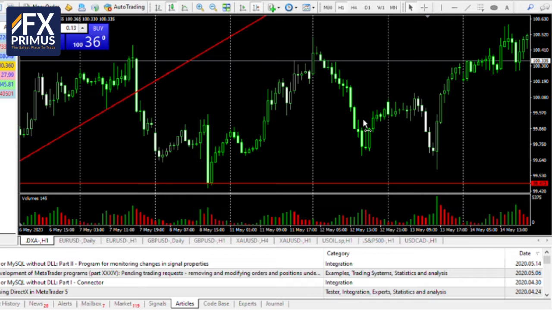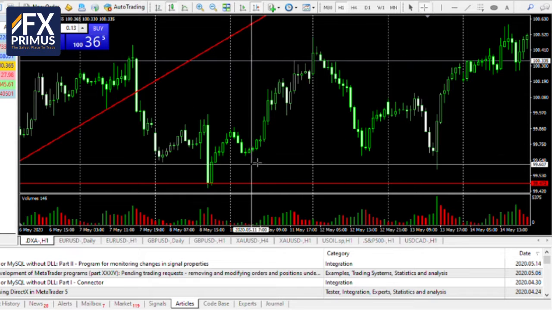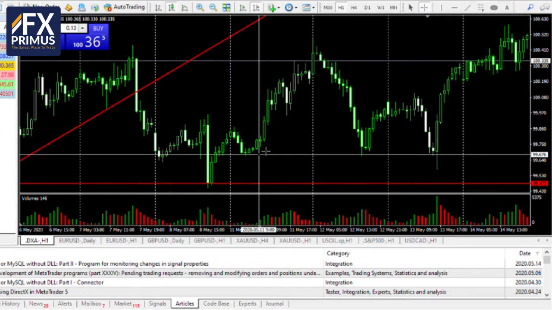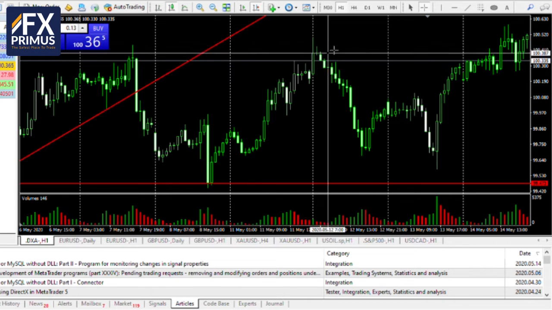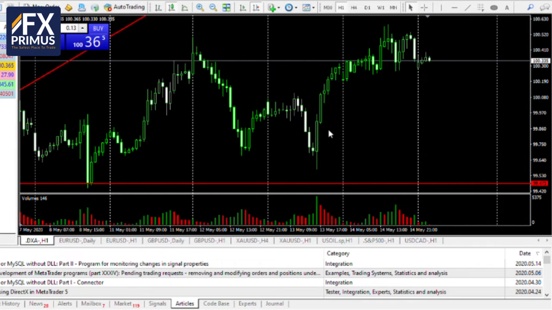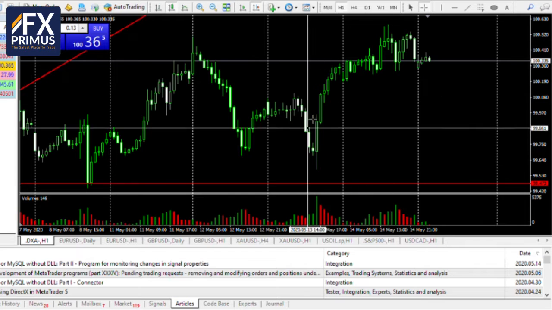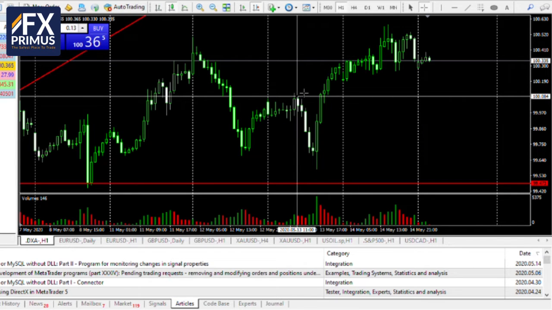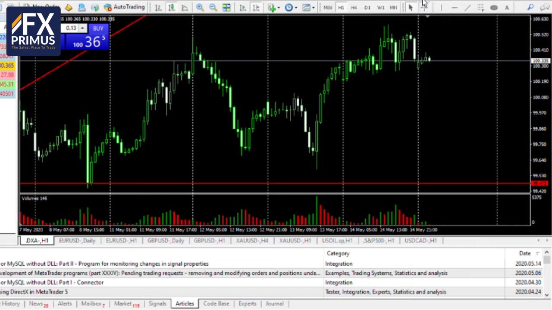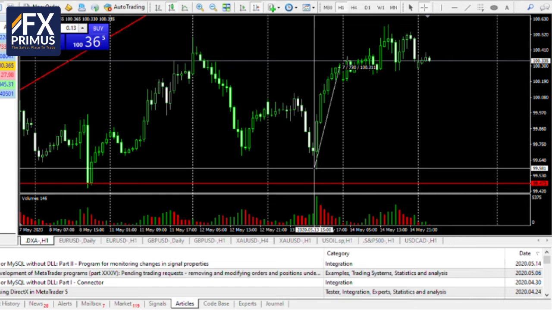We can see that on the 11th of May, which is Monday, the US dollar was very bullish, and then on Tuesday the US dollar was relatively bearish. On Wednesday we can see it's a combination of bearish and then ending more bullish.